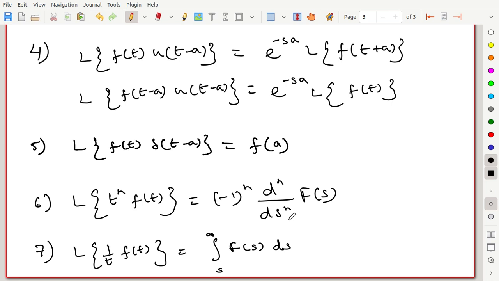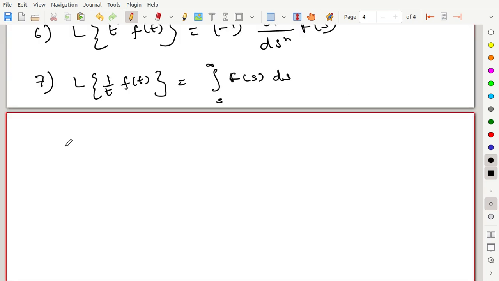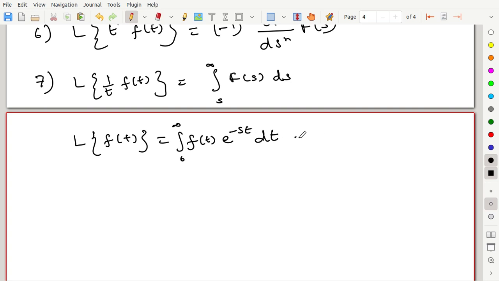The one thing we have to remember here is that L of f of t is equal to this integral from 0 to infinity of f of t e power minus st dt, and this is equal to our function f of s.